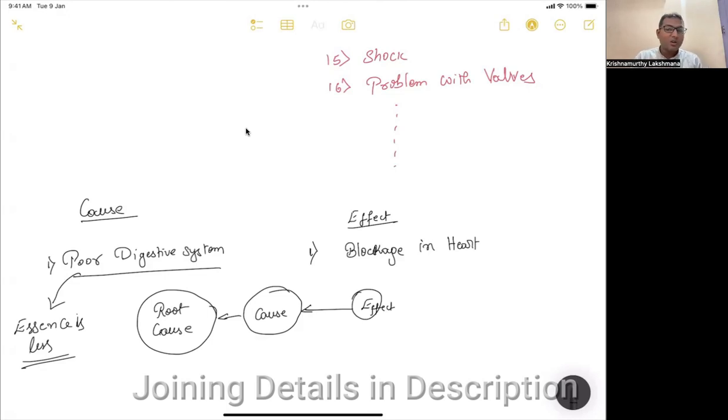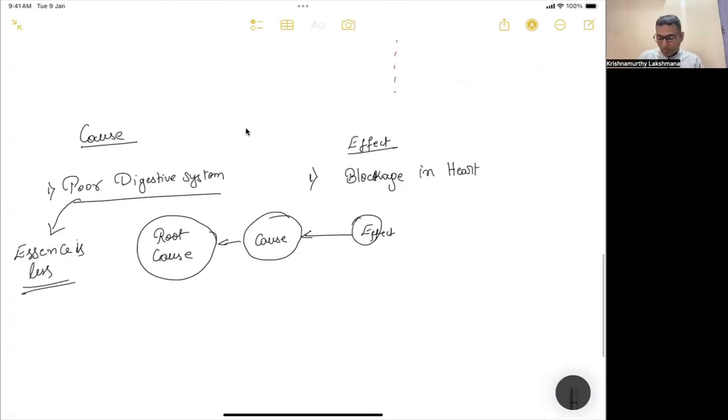Yes, sir. There can be other ways of changing. Let's say bradycardia. That is, pulse rate is less, low pulse rate. So what should be the pulse rate?